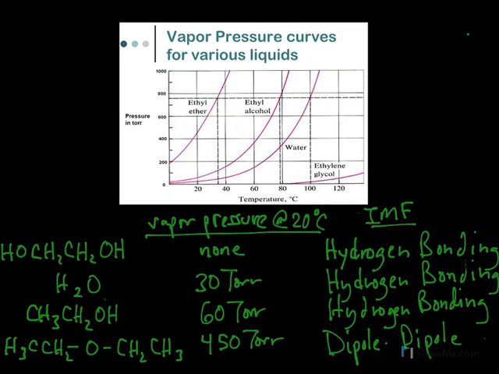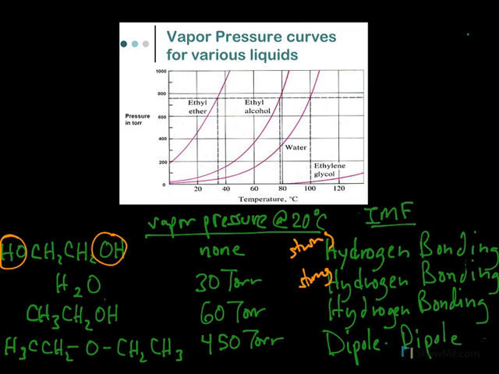So here I listed again the chemical structures of the liquids on the left, the amount of vapor pressure they have at 20 degrees, and the type of IMF that each of these liquids has. Ethylene glycol has very strong hydrogen bonding capabilities. Of course, water also has strong hydrogen bonding. Ethanol has hydrogen bonding, but not as strong as water or ethylene glycol.